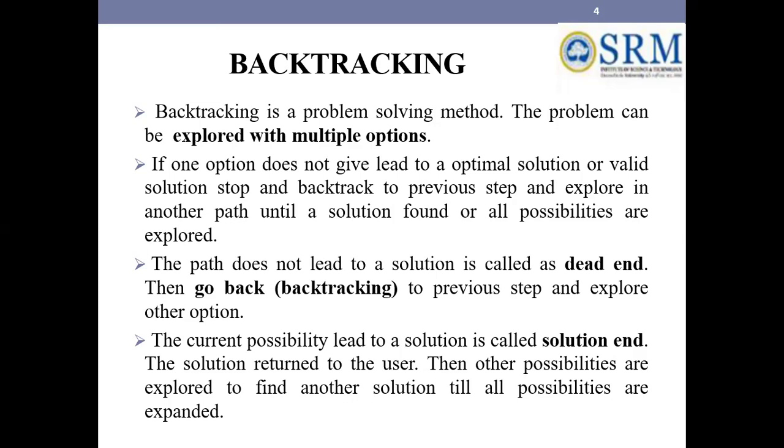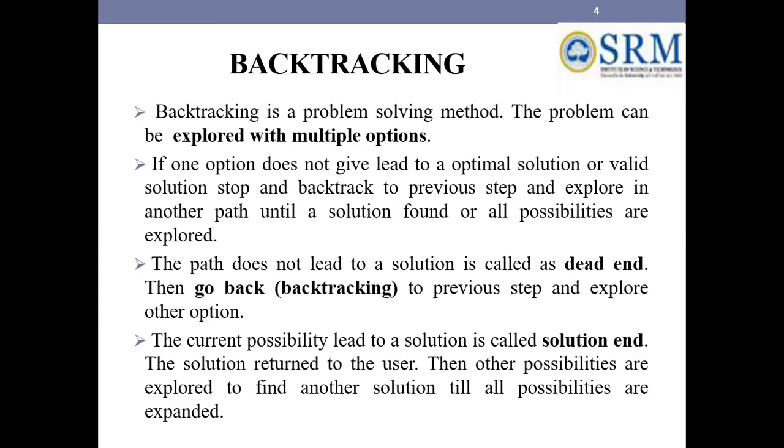If we are moving in one direction along a solution path and the current state does not lead to a solution or optimal solution, we can stop at that state and move back to the previous step to find other options. That is called backtracking. If one option does not give a valid solution, move back to the previous step and explore the remaining possibilities.